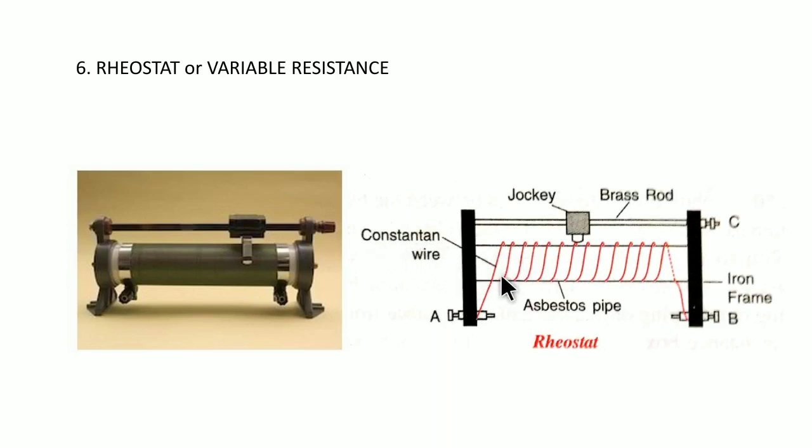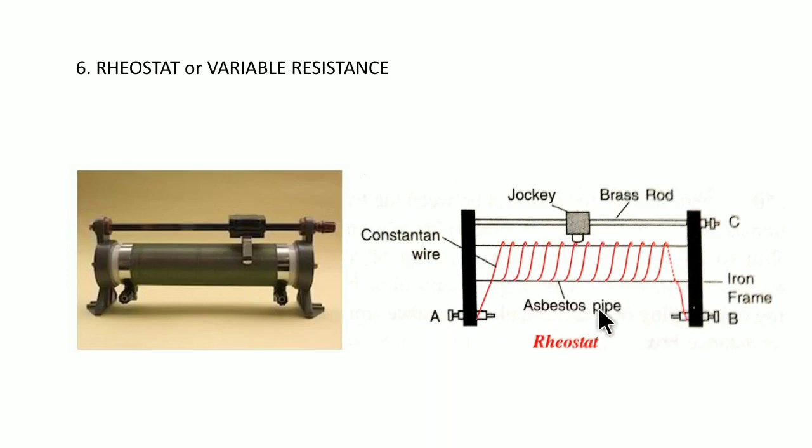Constantan wire is a wire with high resistance, and there are coils of this wire, and it connects over here to B. If you connect a wire with point A, and the other point of the wire gets connected with point B, then the current will flow through this resistance and pass through point B. In that case, this coil of wire will act as a fixed resistance.